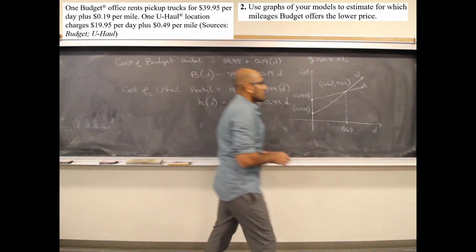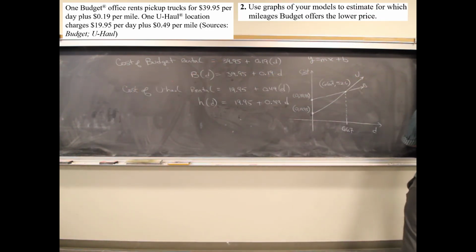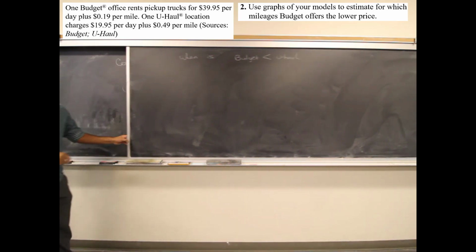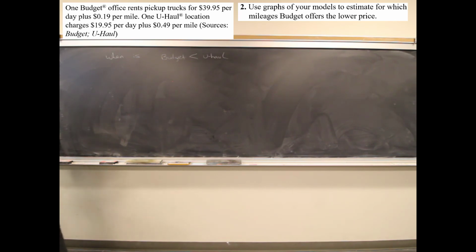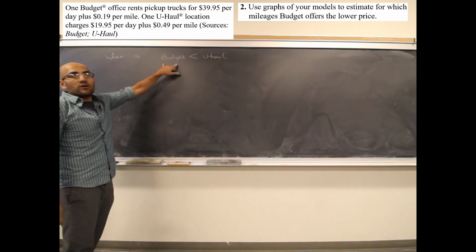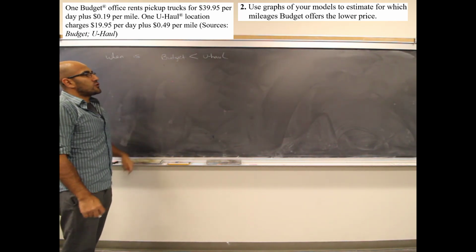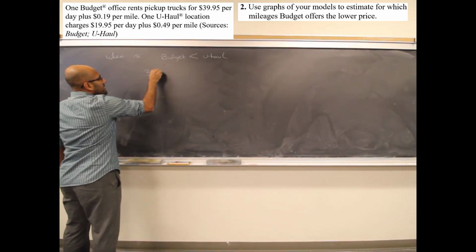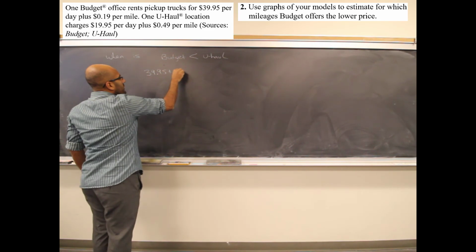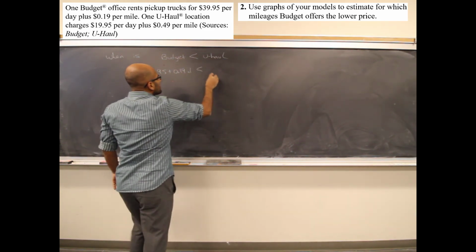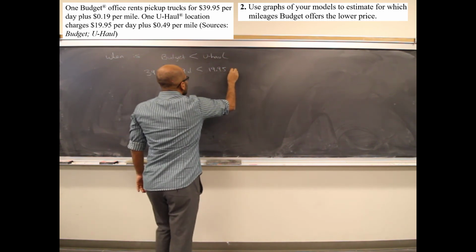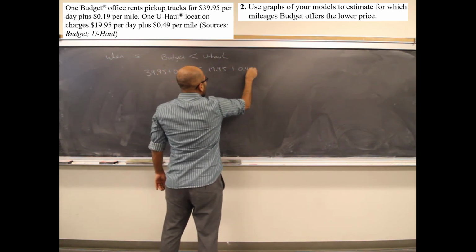Okay? But now we can answer the question, when is budget cheaper? That's what we want to find out. When is budget less than U-Haul? Well, we have an equation for budget, we have an equation for U-Haul, so we can just plug those in there. So this one was 39.95 plus 0.19D less than U-Haul, which was 19.95 plus 0.49D.